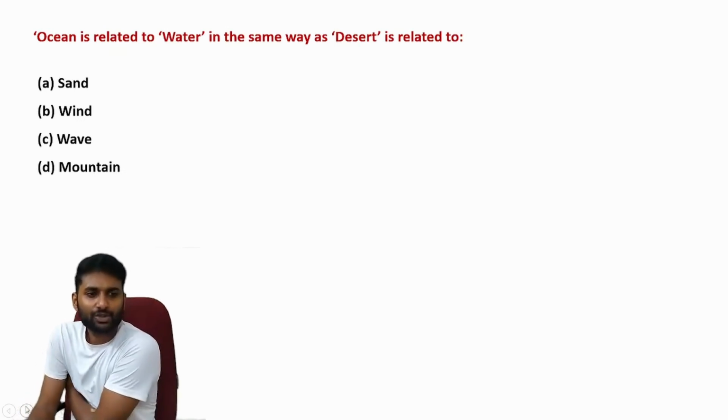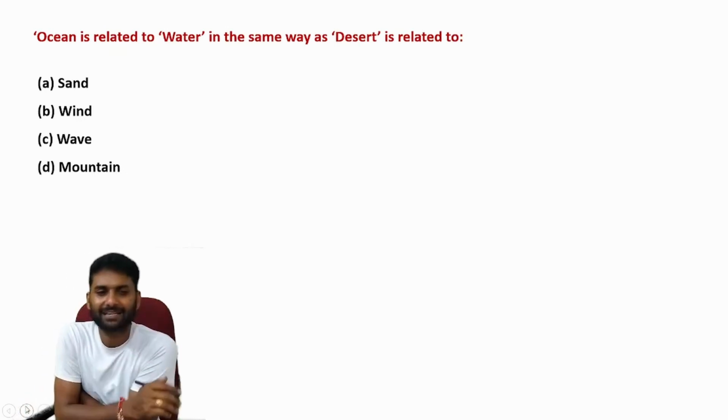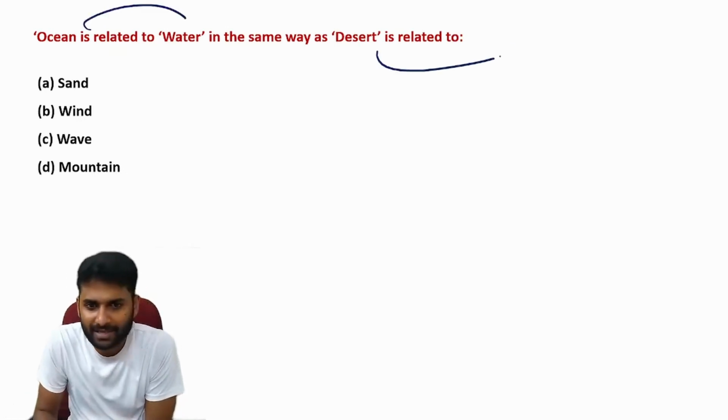Ocean is related to water. Desert is related to what? Apply the same relation.